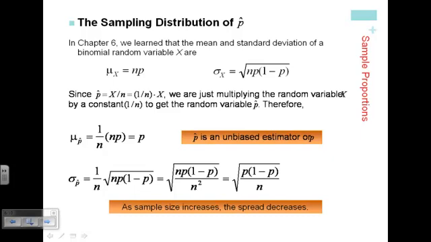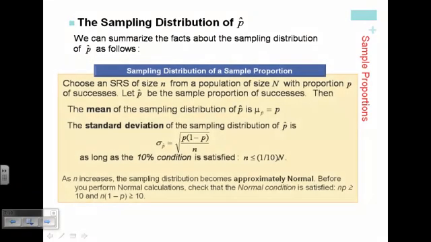All right. May I go to the next slide? All right. So, here's what we know about the sampling distribution of p hat then. If we're using a simple random sample of our population, and I want you to right now tie these ideas together. Simple random sample means that the samples are unbiased.